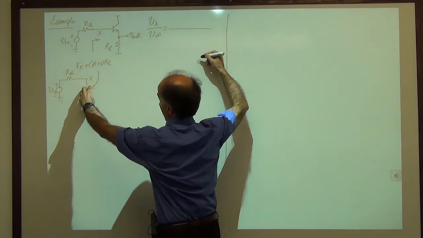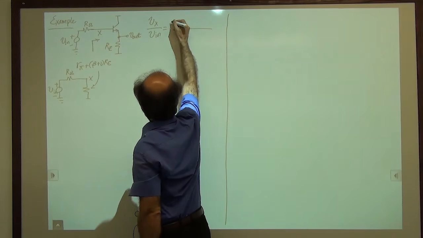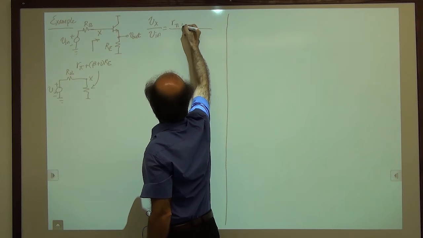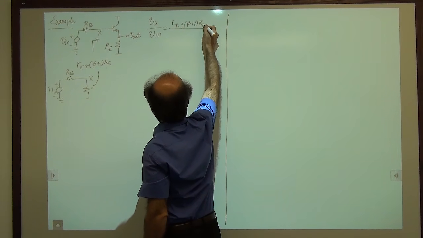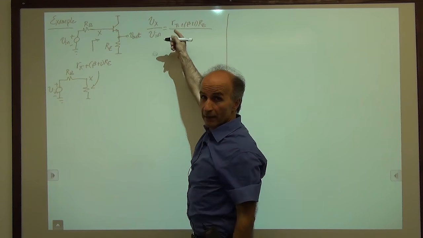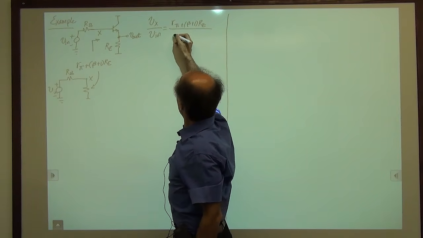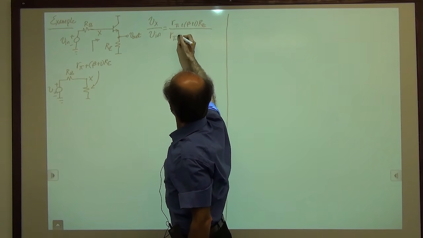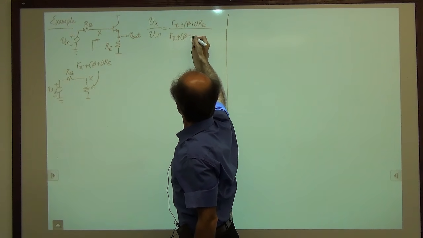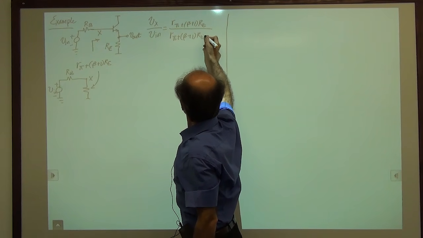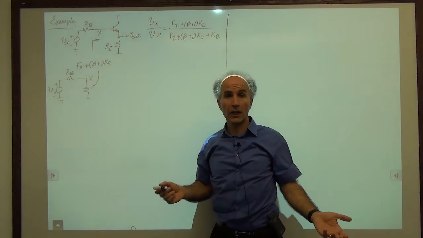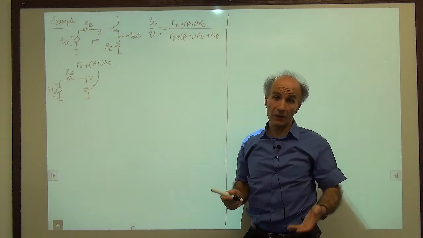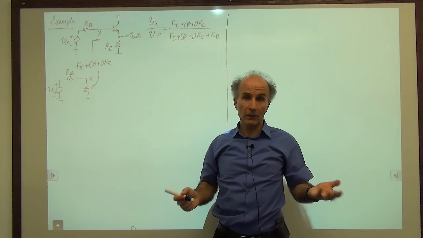So it would be this resistance divided by the sum of the two. R pi plus beta plus 1 times Re divided by the same resistance plus Rb. So R pi plus beta plus 1 times Re plus Rb. That's the voltage gain from V in to Vx. It's really an attenuation, but you can call it a gain too.